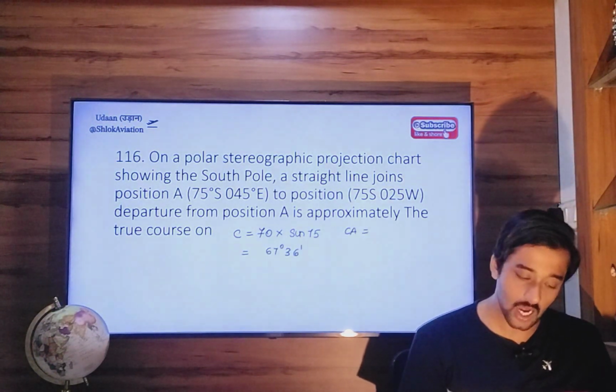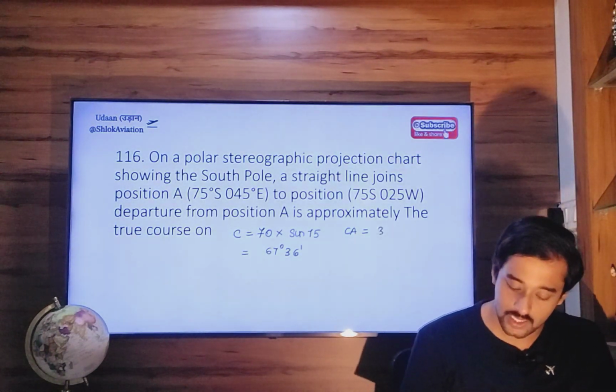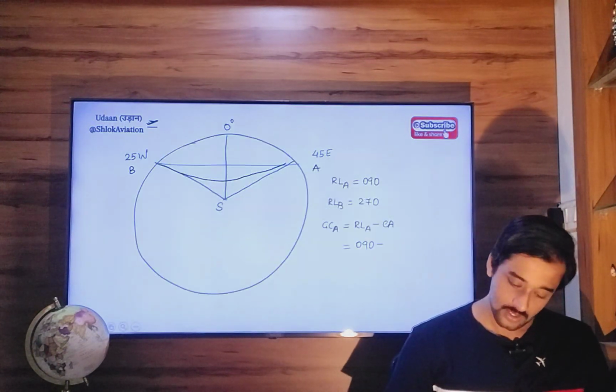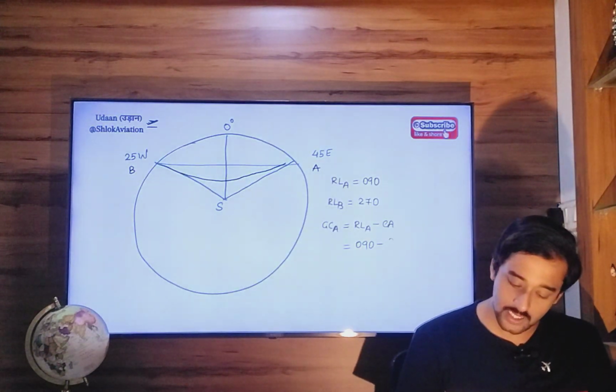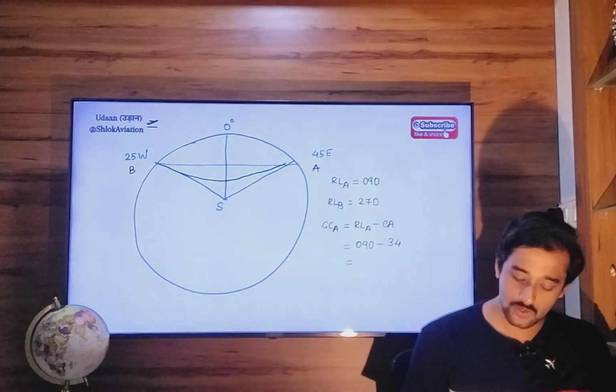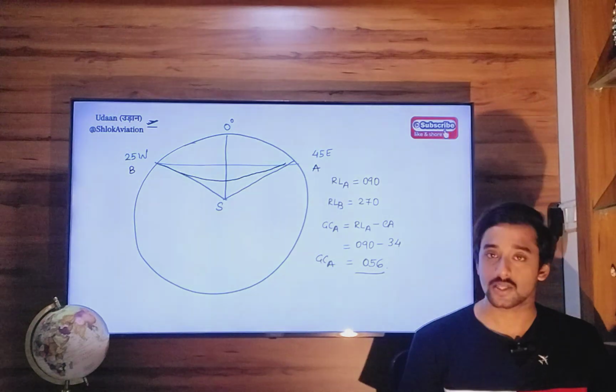Convergency angle will be half of that, 33 degrees 48 minutes, or approximately 34 degrees, let's say. So 90 minus 34 is 56. So great circle track at A is 056.